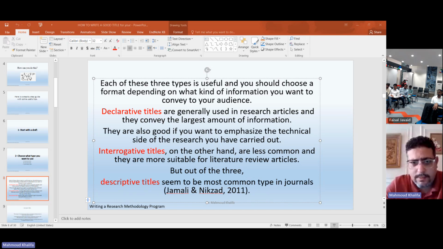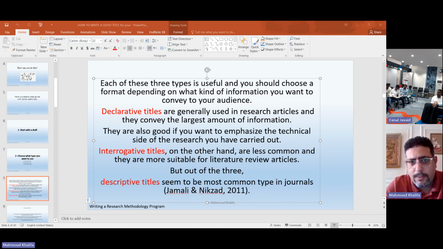Declarative titles, okay? Those are examples for declarative titles. Mindfulness-based interventions improve attention. And as we see, if we get back to the definition of declarative titles, they are generally used in research articles and they convey the largest amount of information.